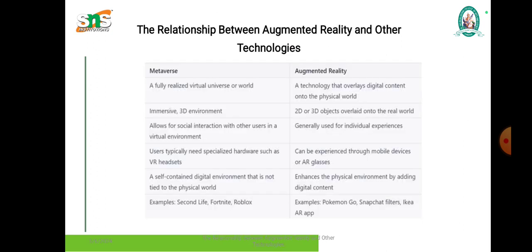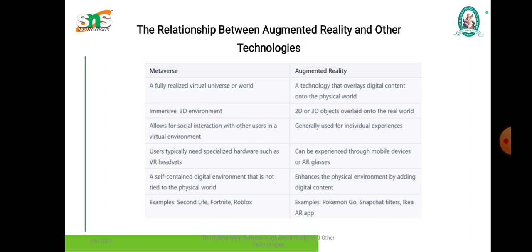So the next relationship is metaverse and augmented reality. The metaverse is a fully realized virtual universe or virtual world. But AR is the technology that overlays digital content onto the physical world.